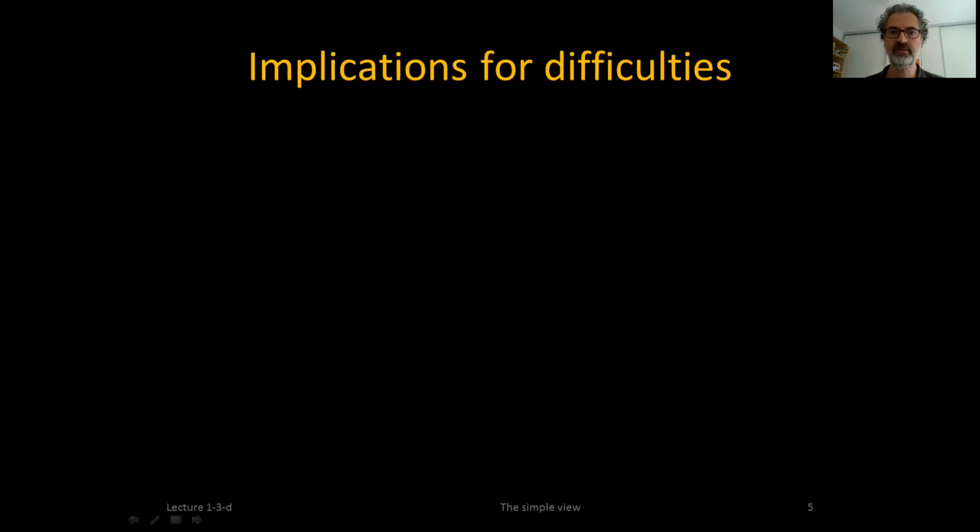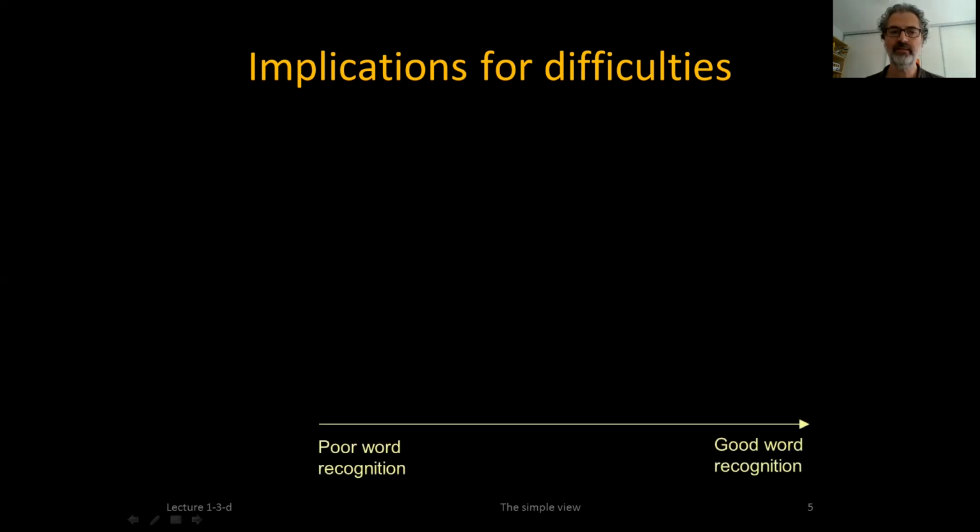The simple view conceptualization has also very important implications for difficulties with reading. Because it recognizes a distinction between two skill dimensions, we can plot this as a table. So imagine one axis going from poor word recognition to good word recognition.